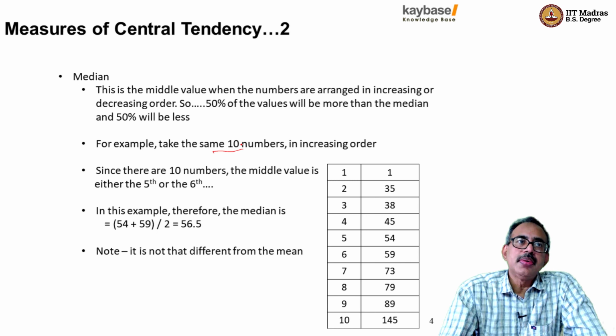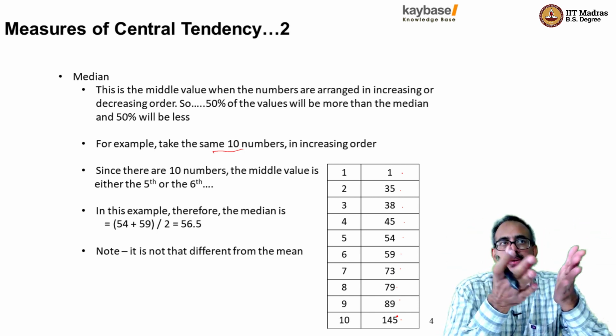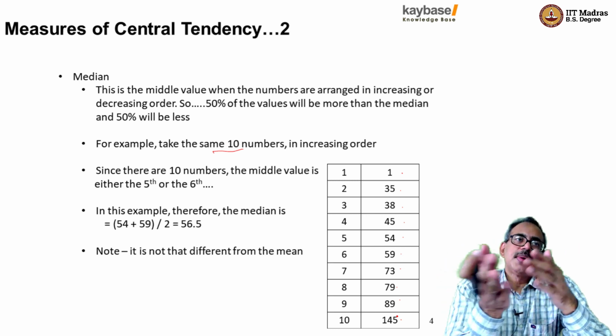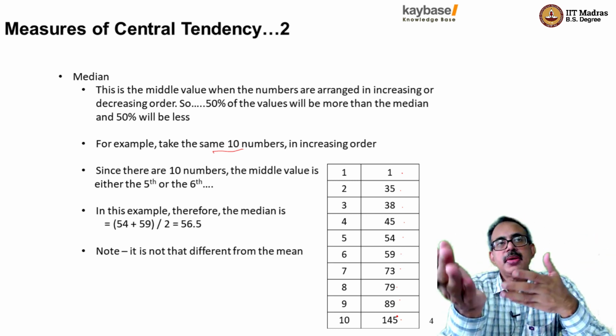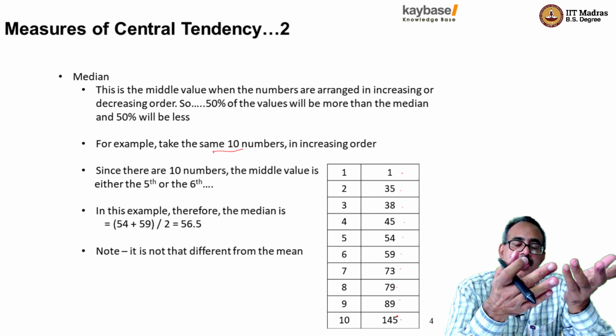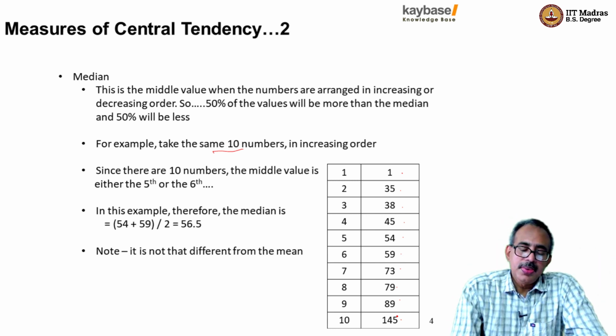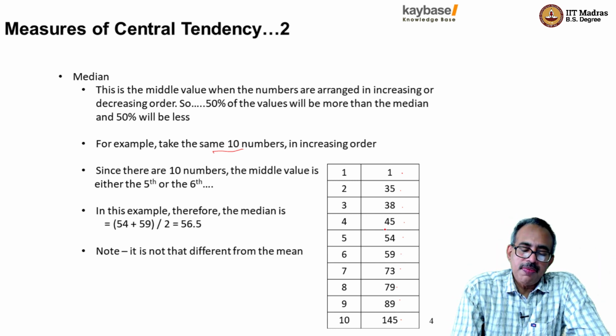In increasing order, they are 1, 35, 38, 45, 54, 59, 73, 79, 89, 145. Right? So, now what is the middle here? When there are 11 numbers, the middle is 6. When there are 3 numbers, the middle is the second one. When there are 15 numbers, the middle is the eighth one. But here there are 10. Therefore, there are 5 and 6 as the middle numbers.